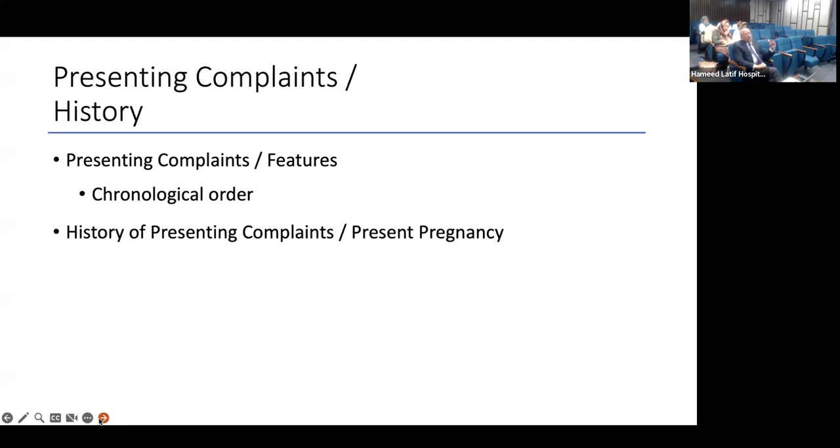Now, let's take the example of a woman who presents at 32 weeks with an overly distended abdomen, or you find on examination that she has a lot of edema, or that the woman is in distress.